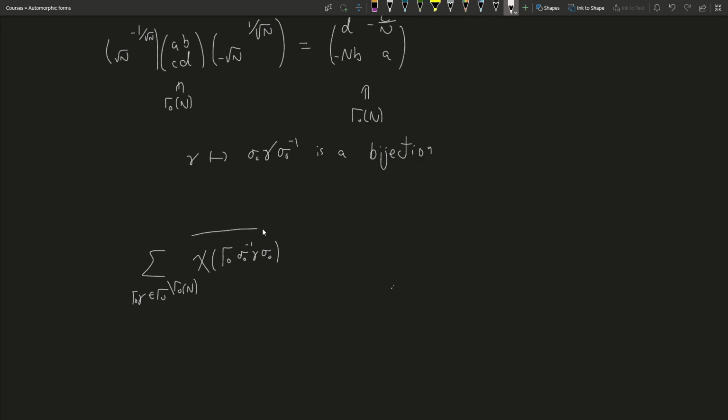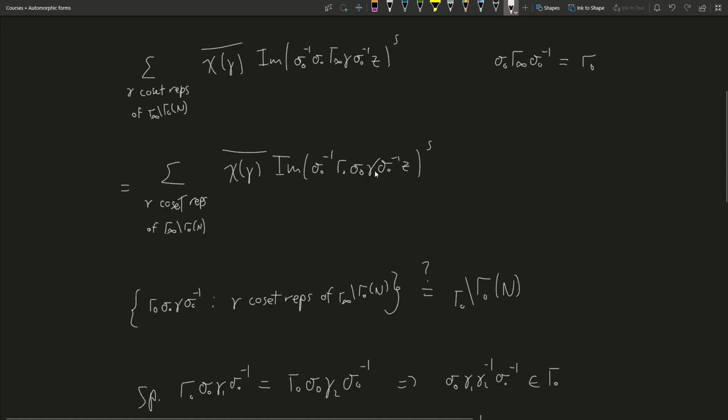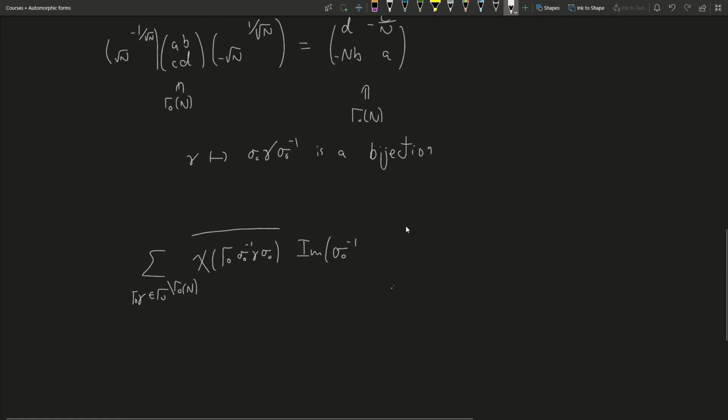So you have a conjugate here, and then you have this imaginary part, and we had a sigma naught inverse right here, and then we had our cosets. So now we've made this change of variables, or the inverse of this change of variables, right? And so we just have our coset as such, and then we just have a z here. And this is writing this in a more reasonable way. This is going to be gamma in the quotient gamma naught n mod gamma naught.